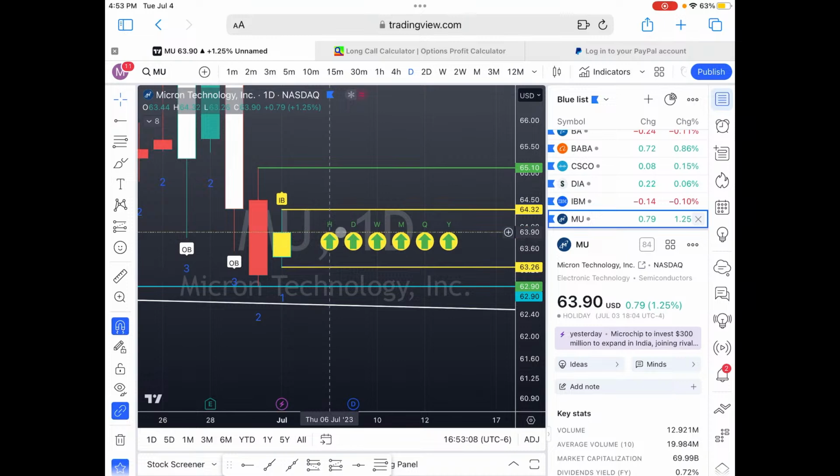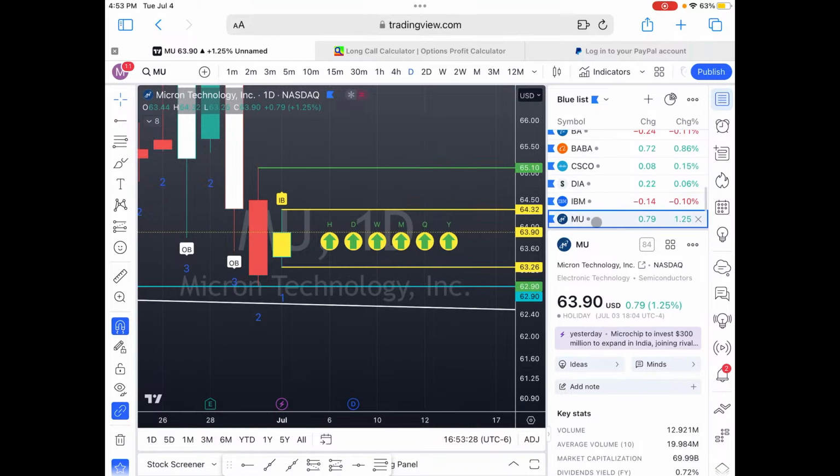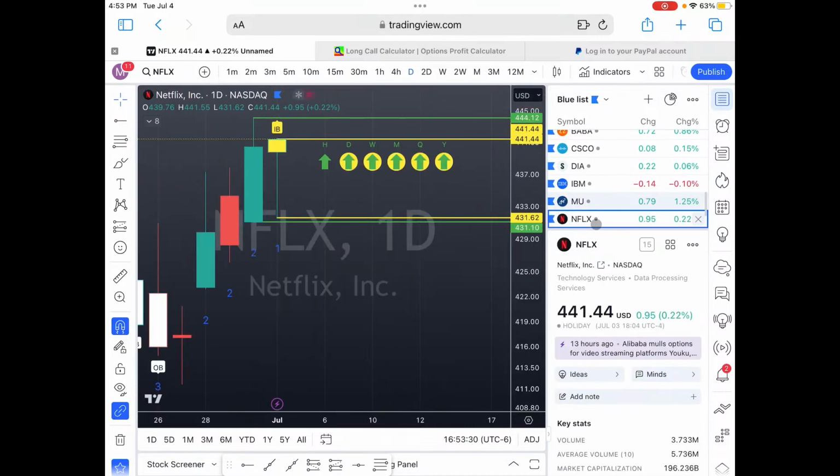So if we trend down, every single one of these outside of the year is going to be pointing to the downside direction. It's going to be red, okay? And then our first target to the downside becomes that monthly trigger. That blue line represents the month, and there it is, to go 2 down on the month off of Micron, okay? So pay attention to that for a potential swing trade.